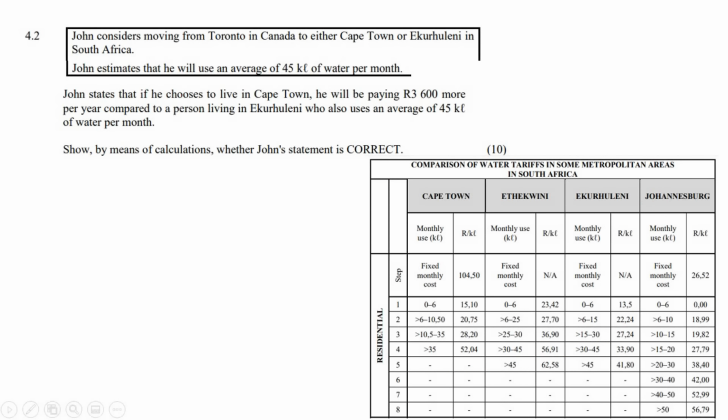Now, what I wanted to show you, just because I needed to save space: if you look on your own annexure, there was a residential part, and then underneath this table, there was a second part, which was industrial. We are not going to be using the industrial part, because industrial is where you do business.